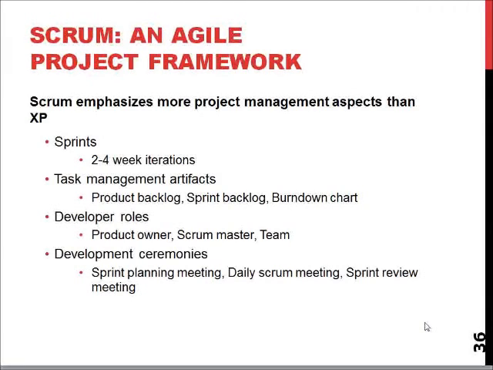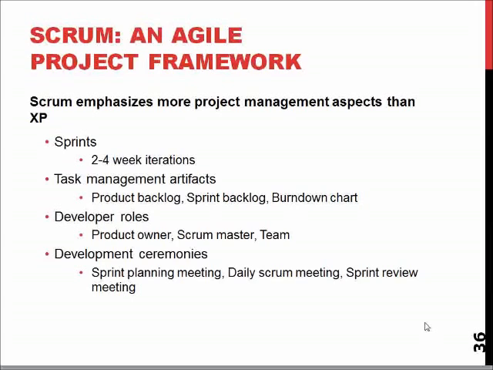The sprints or iterations take 2 to 4 weeks, and we manage our artifacts or requirements or features by having backlogs or sprint backlogs or burn down charts to follow what we are doing, what we have done, what we are still missing, and what features work.